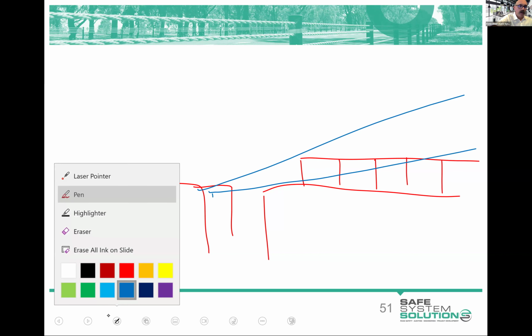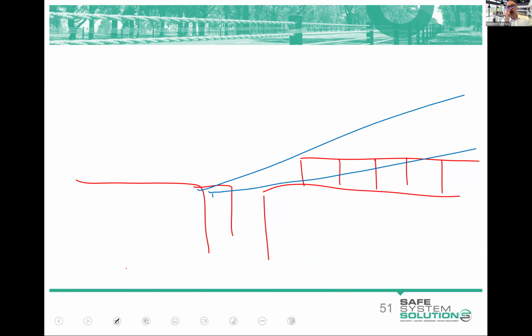So the first thing you're going to be doing when you do your audit finding, remember, is you're going to describe this issue, but you are going to specify the crash that you are concerned with. All right, you have to specify that crash. Now, the crash we're concerned with here is a vehicle making that turn and being struck by a vehicle there, or maybe making a left turn and being struck by the vehicle, right?